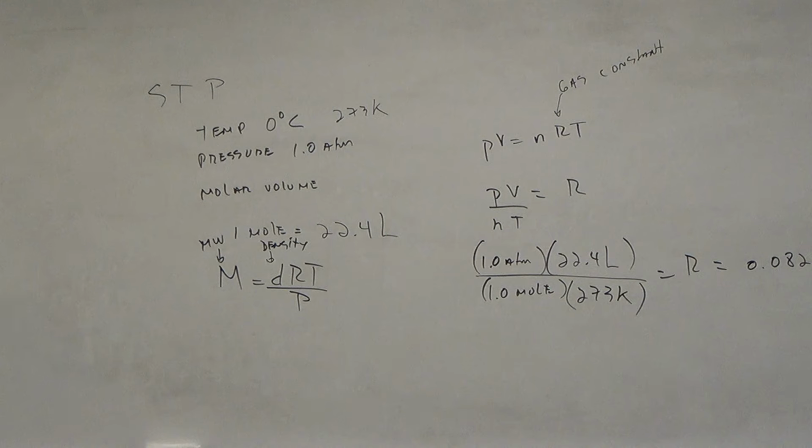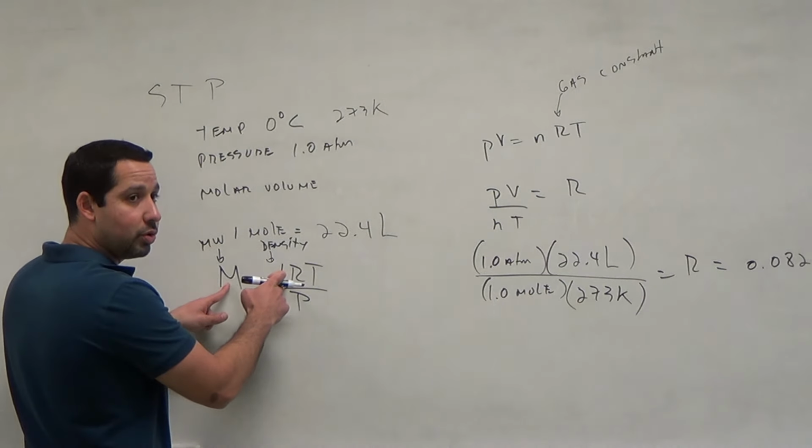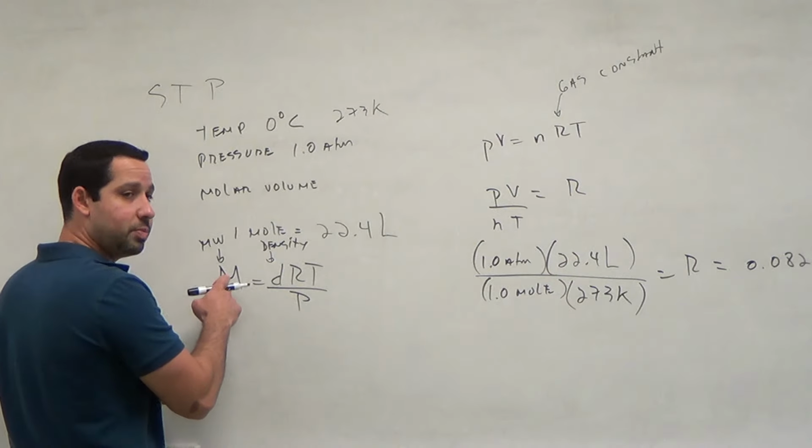If I give you the density of a gas, the gas constant, the temperature and the pressure, you calculate the molecular weight. I want you to look at it and tell me. These two are on the same side, yes? They are directly proportional. So this one gets big, that gets big, yes?